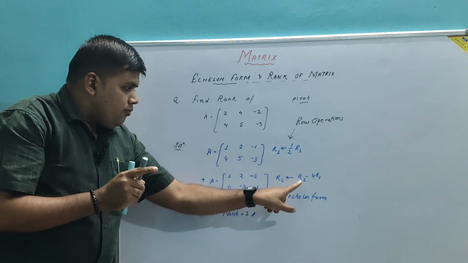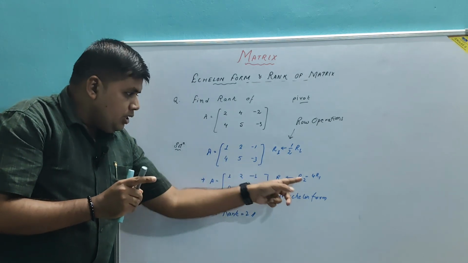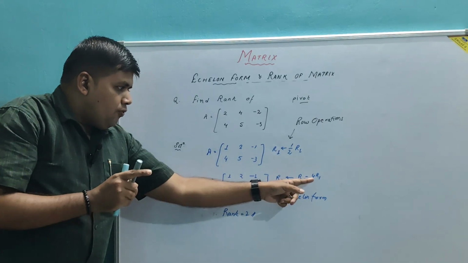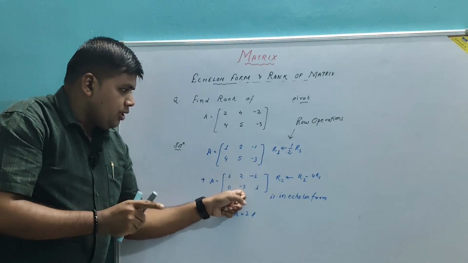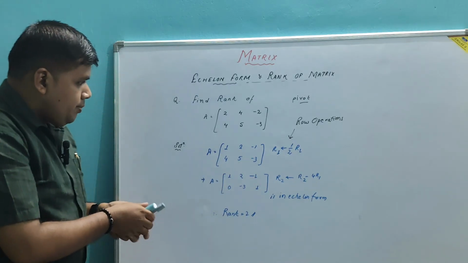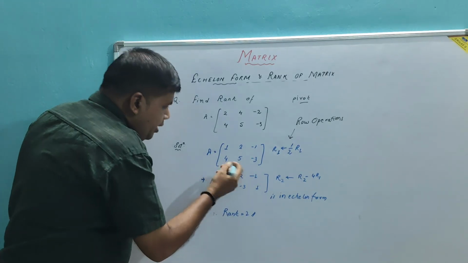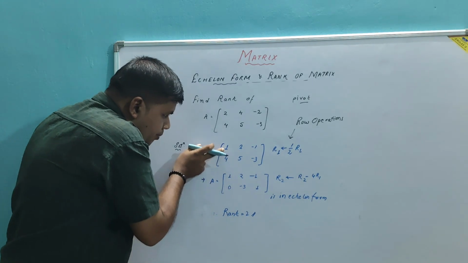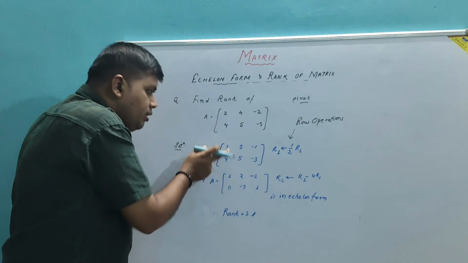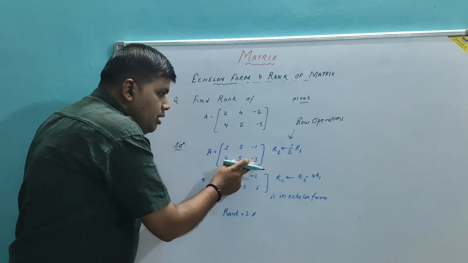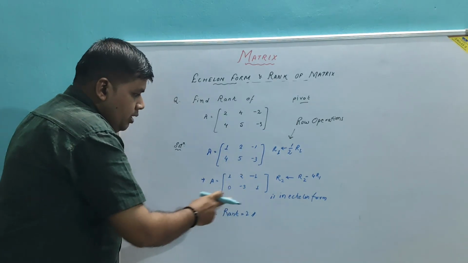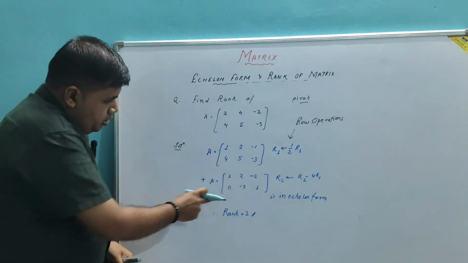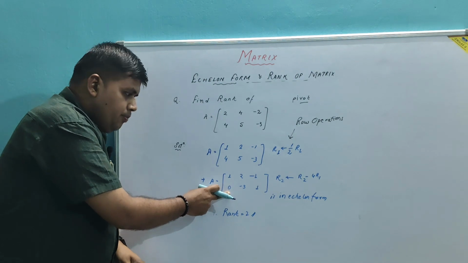Next, 5 minus 4 into 2, that is 5 minus 8, is minus 3. Then minus 3 minus 4 into minus 1 is 1.